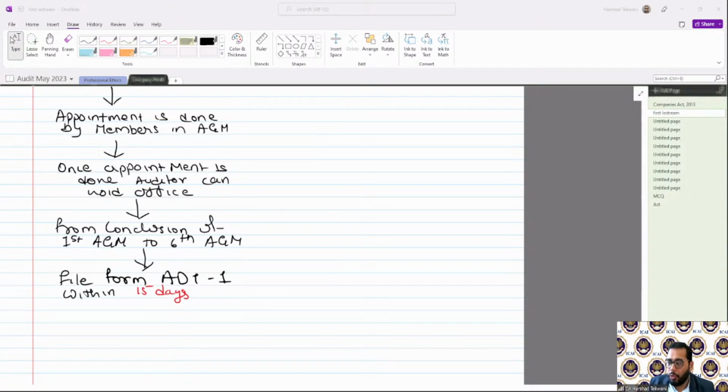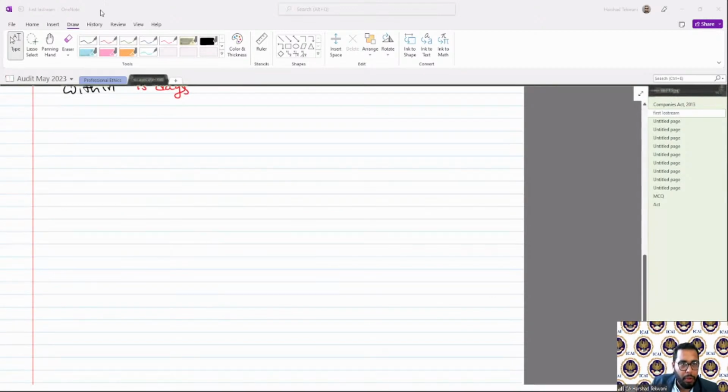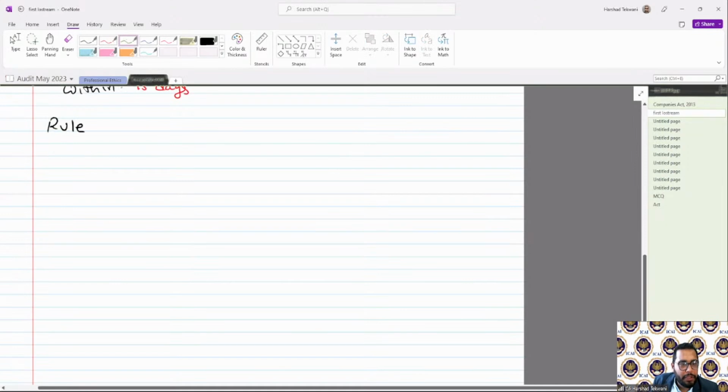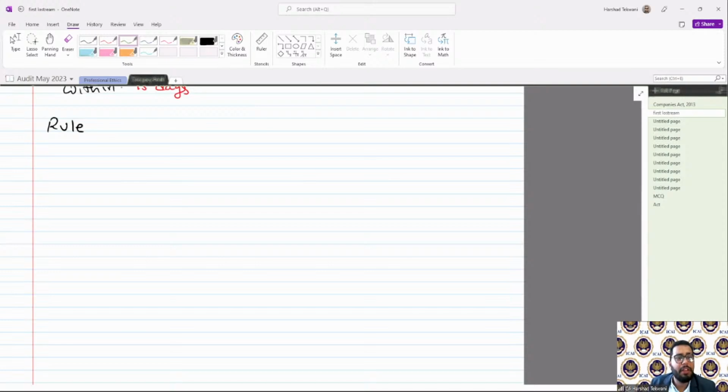Now, when I talk about rule 3, what does rule 3 say? Rule 3 says that when an auditor is required to be appointed, the board of directors or the audit committee first need to consider the qualification of the particular auditor.